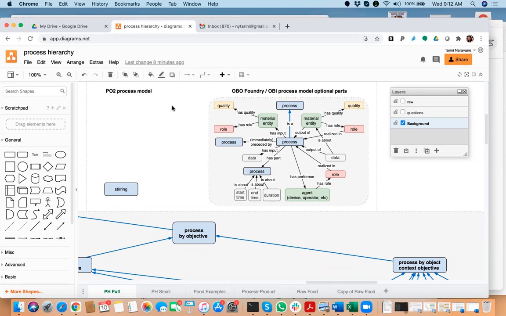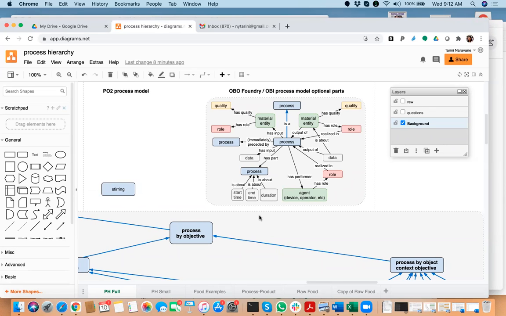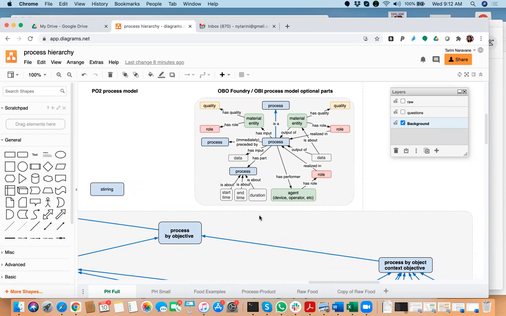But it does rely on RO relation ontology relations at the moment. So if there are new ones we need for the process modeling, then we have to bring them in. But the OBO Foundry folks are going to push for the basics that are in that diagram I pointed out there.